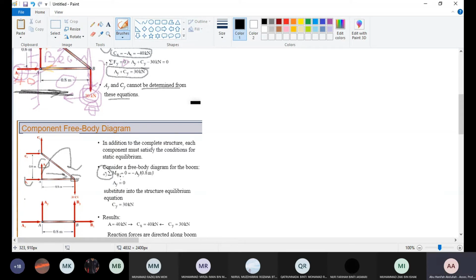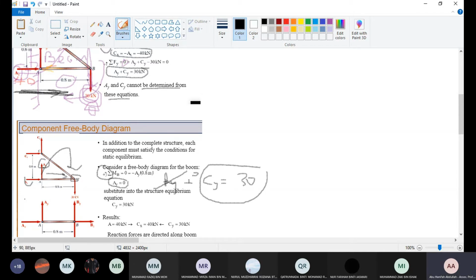As we create this equation, we can solve AY equal to 0. Then we put it in the earlier equation, AY plus CY equal to 30. AY becomes 0, so CY becomes 30.